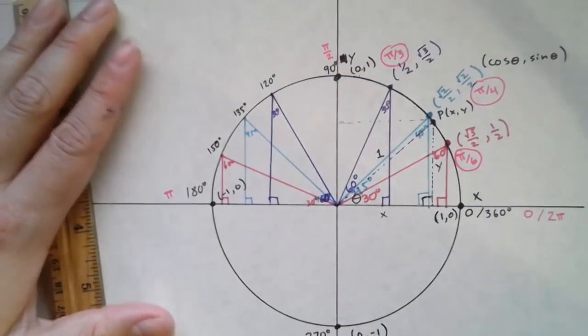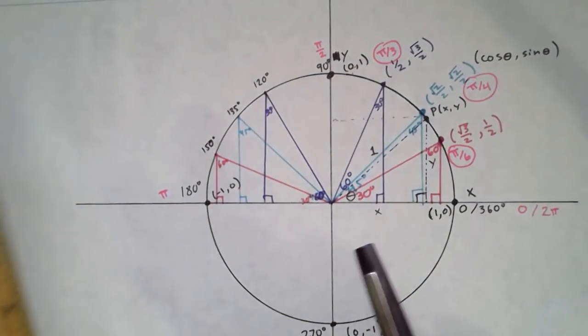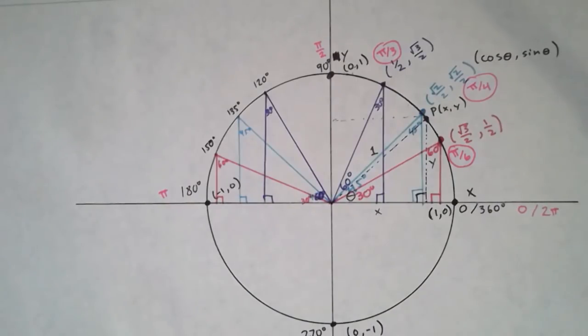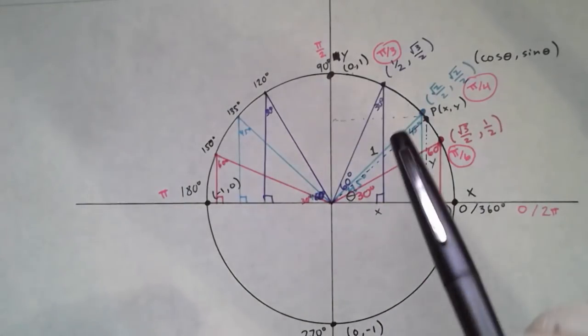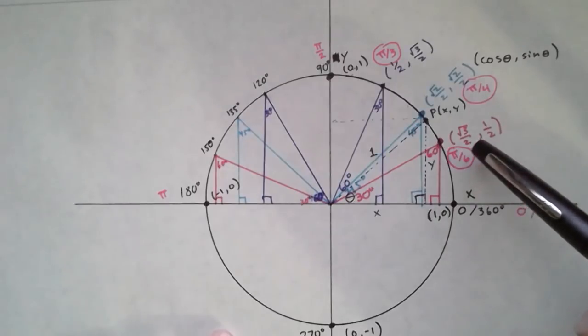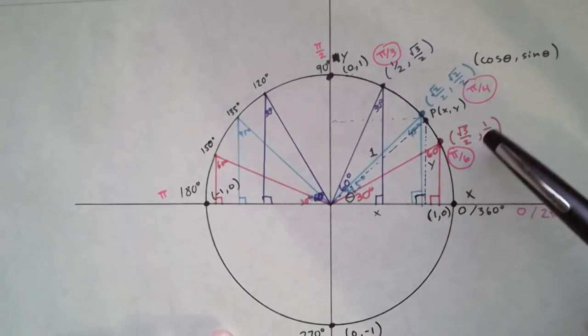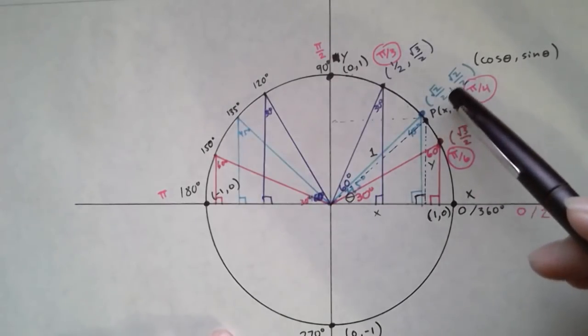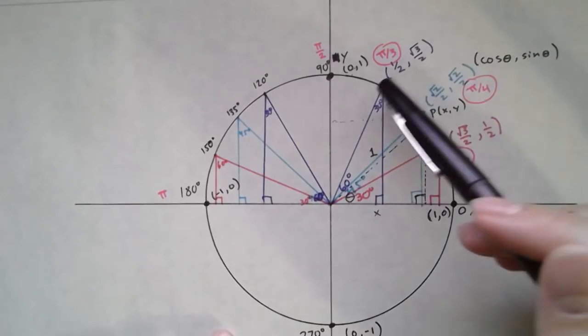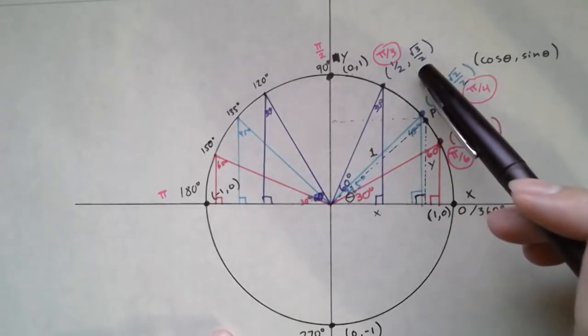Okay, now here's where things can get a little tricky, but it's just logic. Okay, I already found these points here. Look, radical 3 over 2 comma 1/2, radical 2 over 2 comma radical 2 over 2, 1/2 comma square root of 3 over 2.